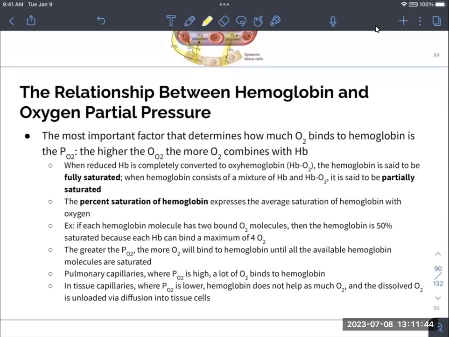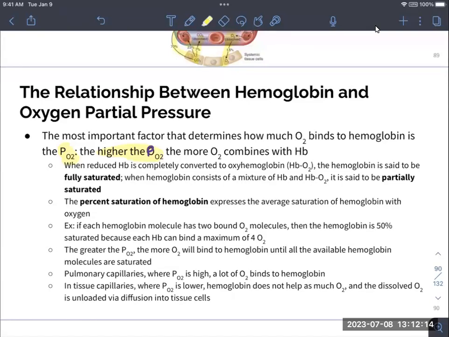So what affects how much oxygen binds to hemoglobin is actually the pressure of that oxygen. So the higher that pressure of oxygen is, the more oxygen combines with hemoglobin.